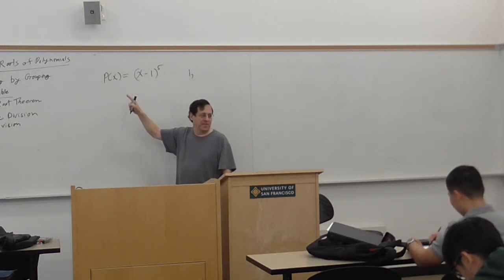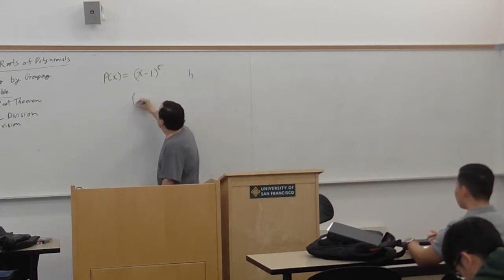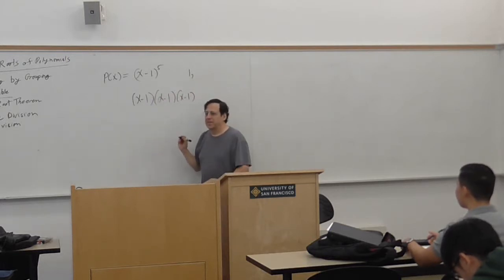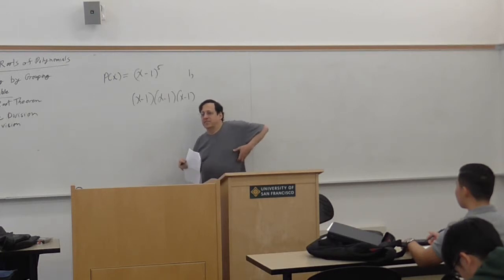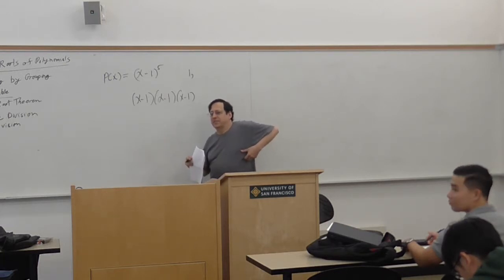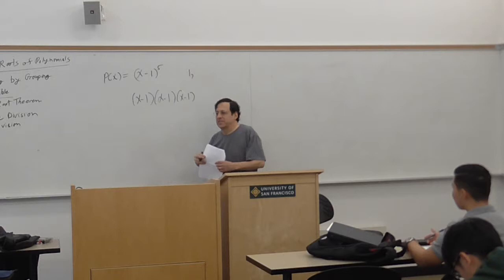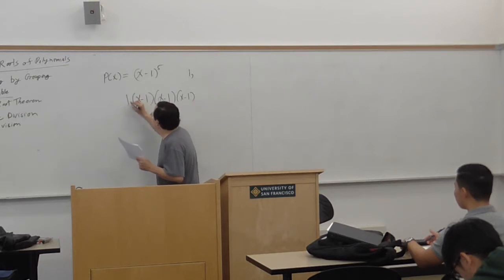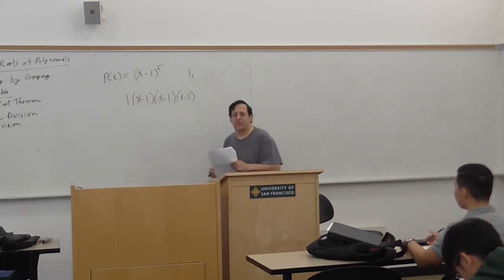Alex, another one. Factors are x minus 1, x minus 1, x minus 1. Henry? Another factor? No, just one. Is it all just one? Well, yeah, but it's not. I'm looking for a linear factor, one with an x in it.